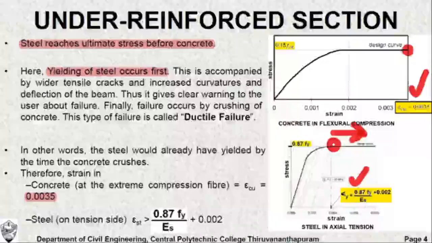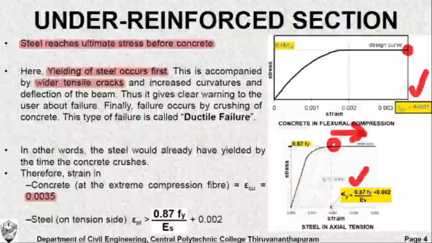Now coming to under reinforced section, we discussed that yielding of steel occurs first and crushing of concrete occurs very later. So what does it mean? The yielding of steel occurring first will result in large tensile cracks and increased curvatures in the beam.